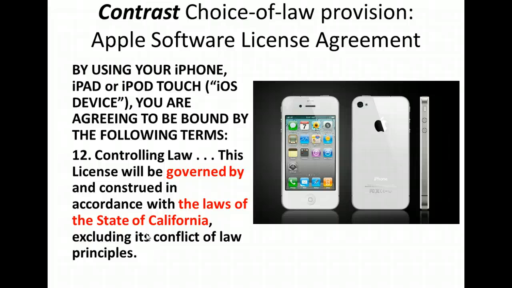Paragraph 12 of that agreement says, "This license will be governed by and construed in accordance with the laws of the state of California." So if there's any dispute that arises between you and Apple regarding this license, that dispute is going to be governed by the law of the state of California.